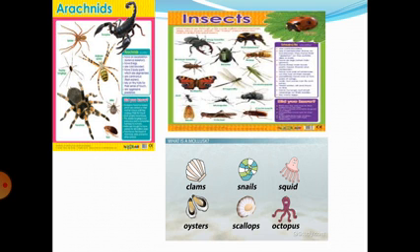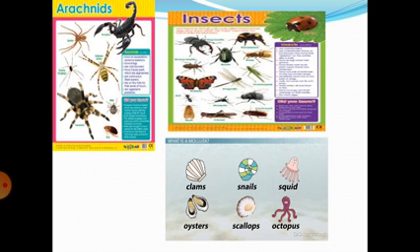Insects. Insects have one pair of antennae, three pairs of legs, and up to four pairs of wings. About 70% of all known species of animals are insects. Examples of insects include mosquito, cockroach, butterfly, grasshopper, and locust.